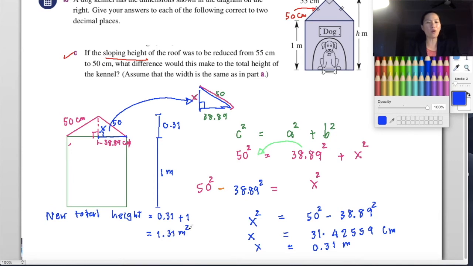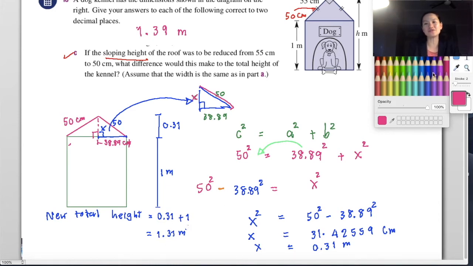Do you remember the old one that we just calculated for b? You have to come back to see b. In b we got the original height equal to 1.39 meters. This one as well is 1.31 meter.